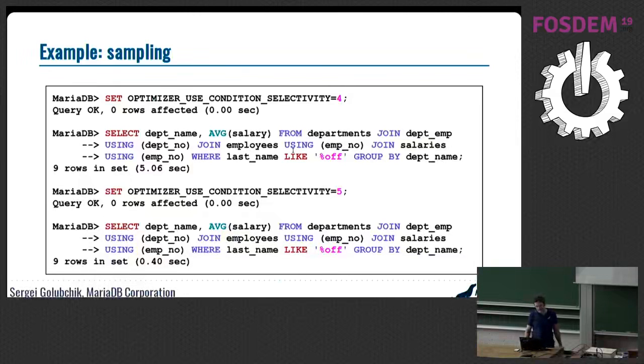So how does sampling work? Because there's no other way for the optimizer to get any reasonable information about the data, it reads a few rows from the table, applies this LIKE condition, and then extrapolates the result to the rest of the table.